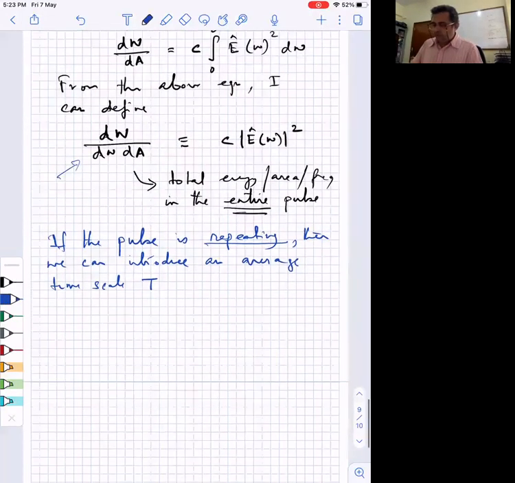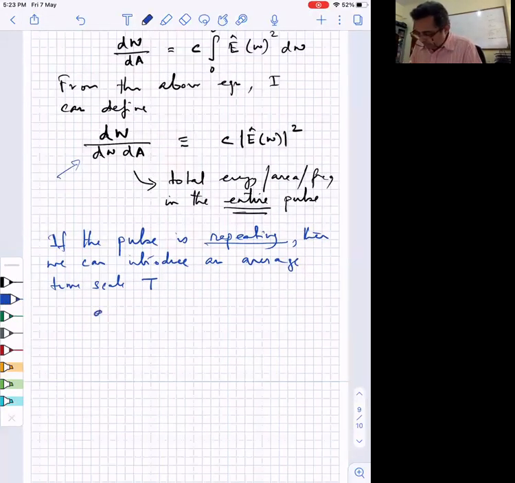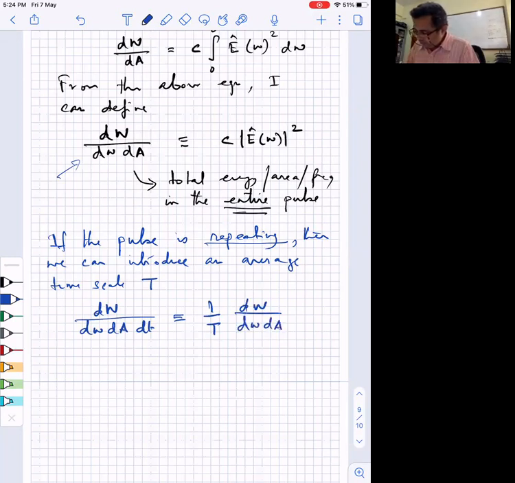Then we can write down d omega dA dt. But this is the definition where this dt comes through this average time scale. Okay. So this is nothing but c by T.